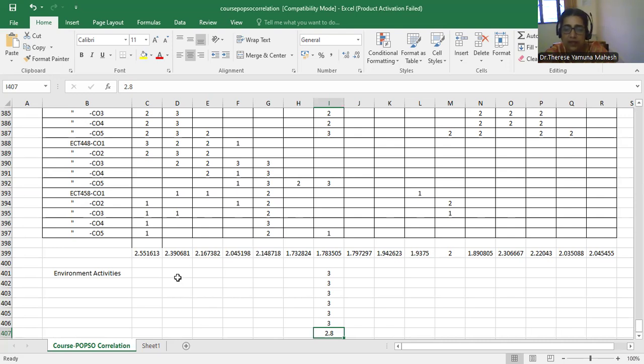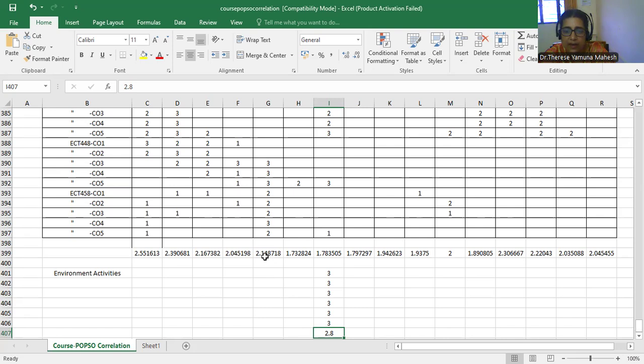So let us just analyze these values. POs 1 to 5. If we have a look at the program outcomes, 1 to 5 are based on academics, whereas 6 to 12 are based on the interaction with the students, or interaction opportunities that the students get with the outside world.